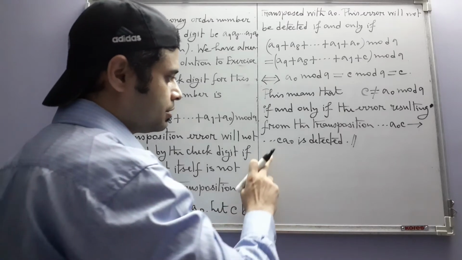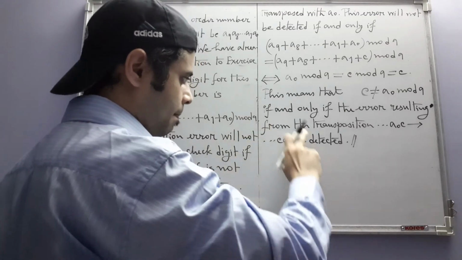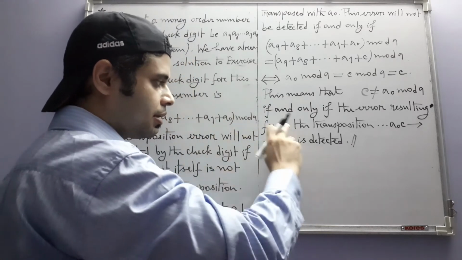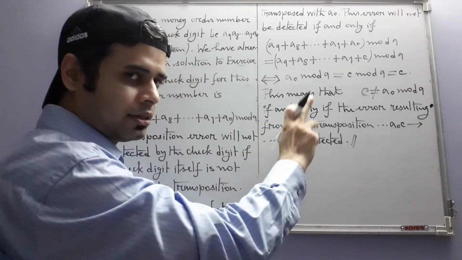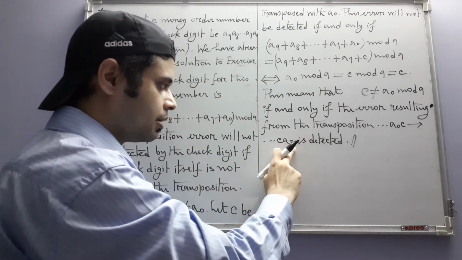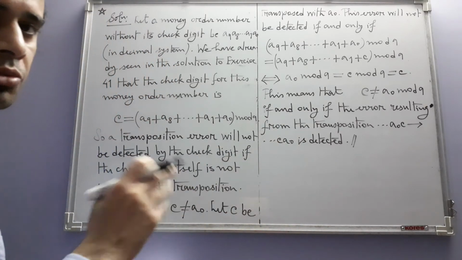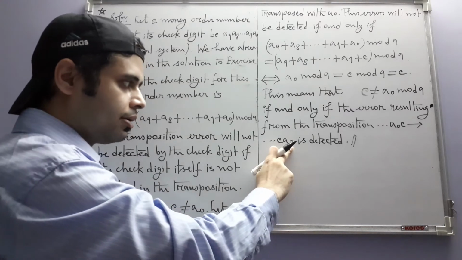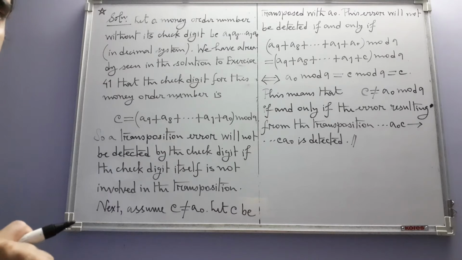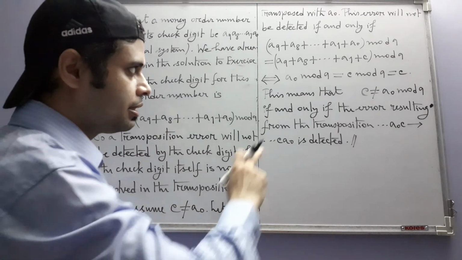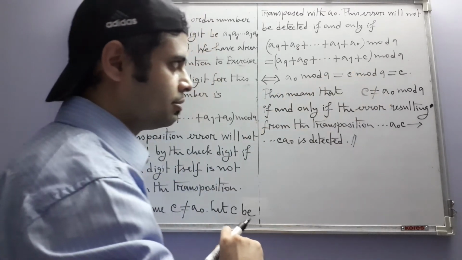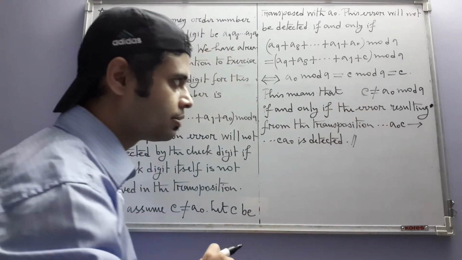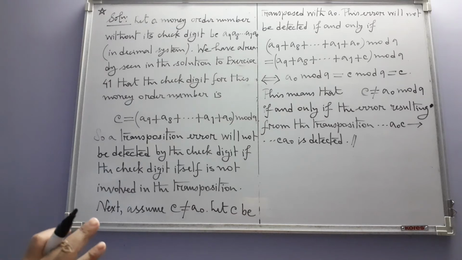Now, if the remainder of the rest of the number obtained after removing A naught from this new number, modulo 9, that is when you divide by 9, if that remainder fails to be A naught, then you know that something is wrong, and that remainder is nothing but C mod 9, which is C. So if C fails to be equal to A naught, then you know there is something wrong.